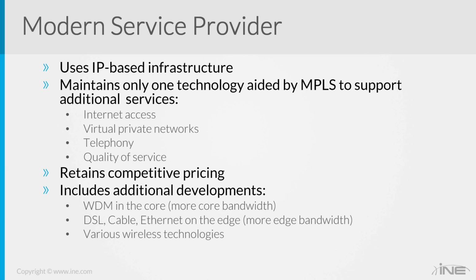It works. It functions just fine. We also have DSL, cable and Ethernet on the edge. So I might still need to roll out those services to customers, and they're still widely deployed. More and more customers are rolling out Ethernet because you get higher bandwidth.